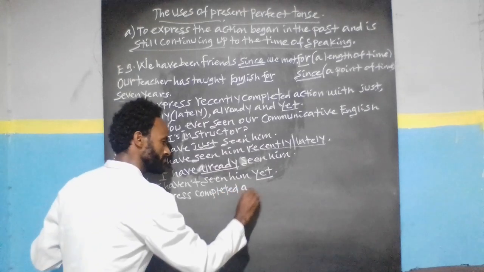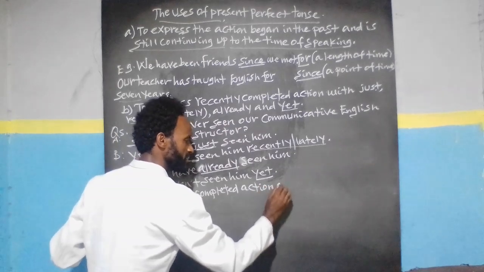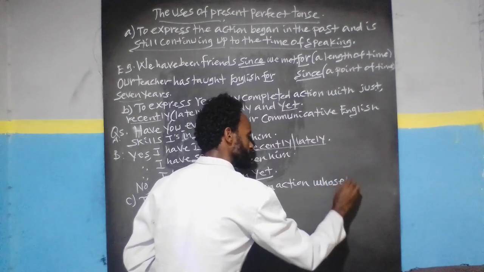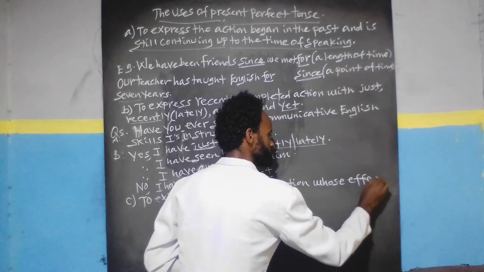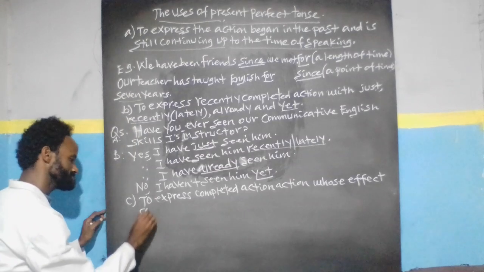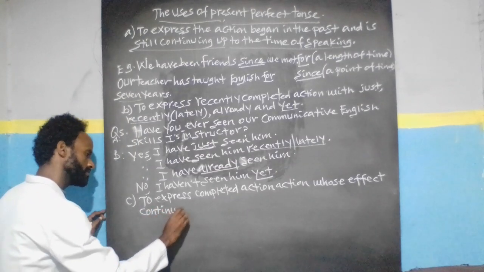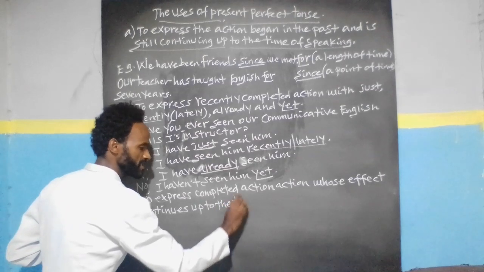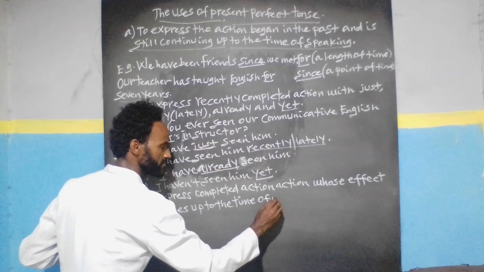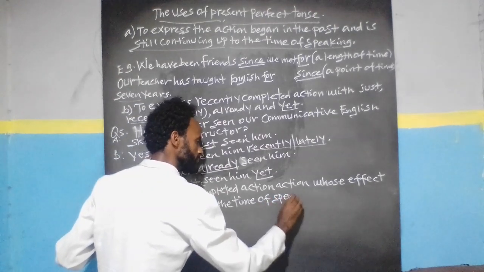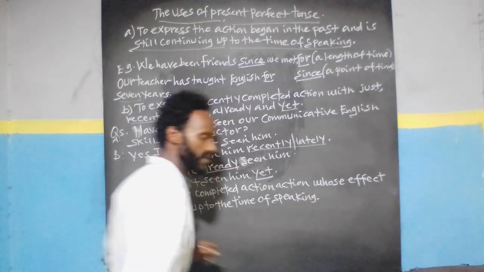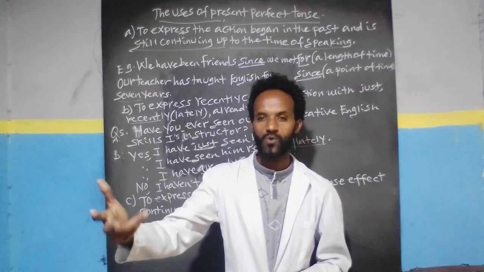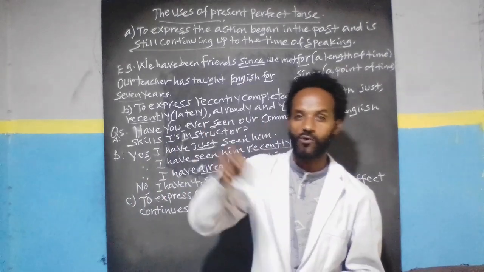Good class. Here we mean that when the action was completed formerly or previously, its result or effect, its consequences, continue up to the time of the action or the speech.